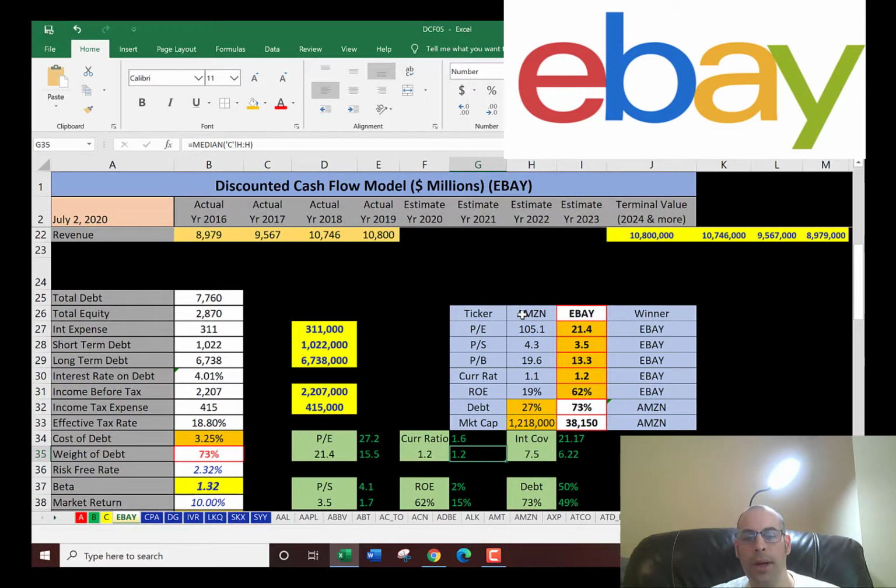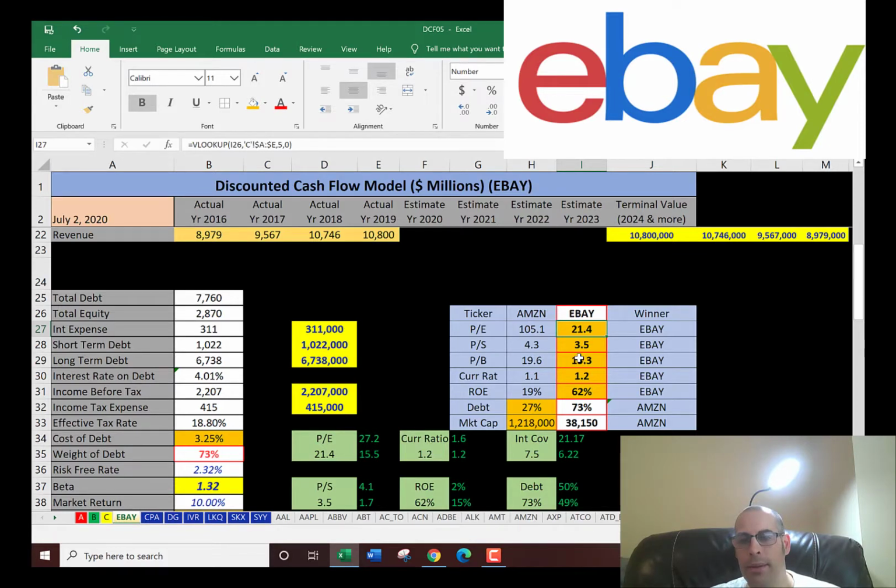And the only other company I did a video on that's in the same industry is Amazon. So this is eBay compared to Amazon. And if it's colored in orange, that means they did better in that particular category. So eBay has a much better PE. Amazon's PE is through the roof just because their stock price is so high. And their price to sales on eBay is a little better.